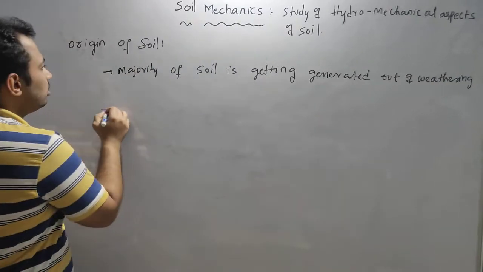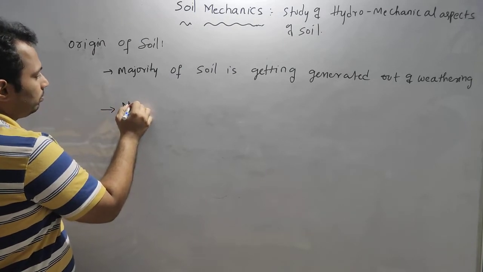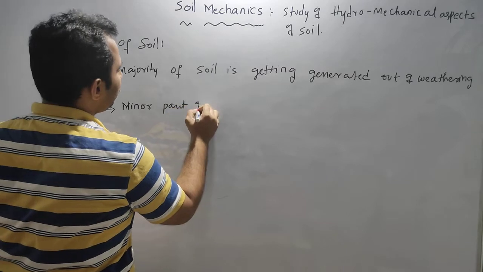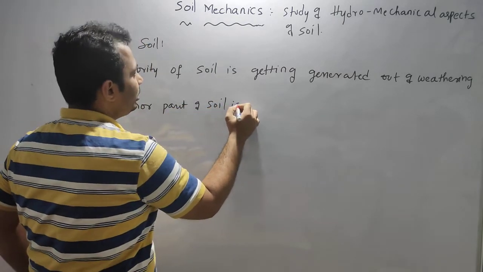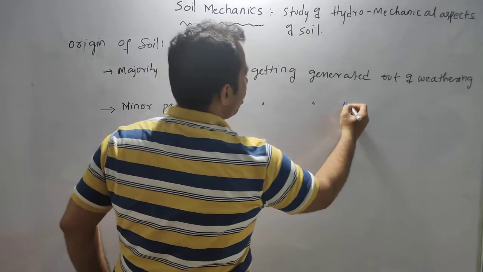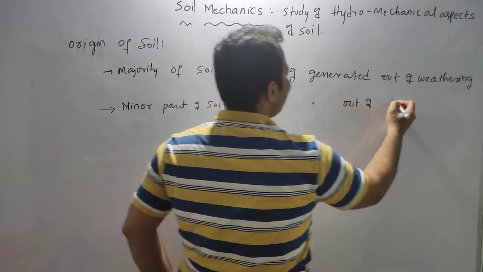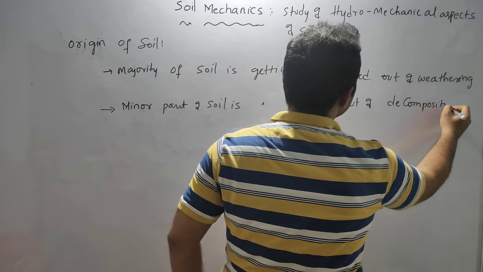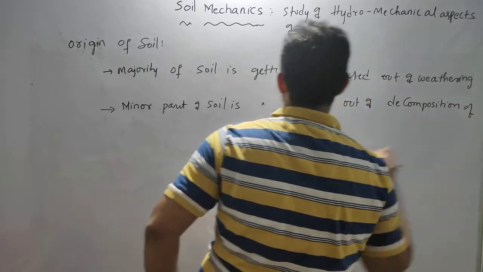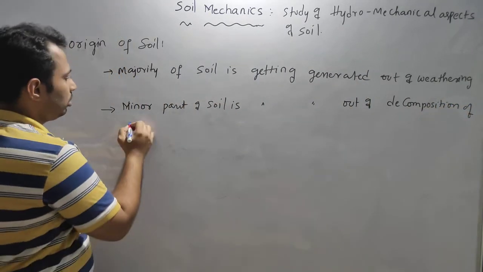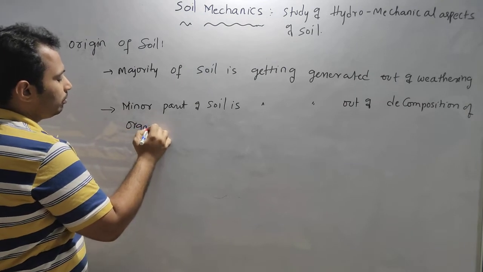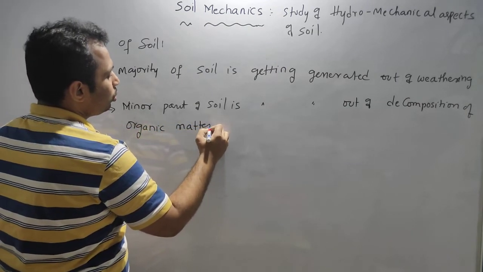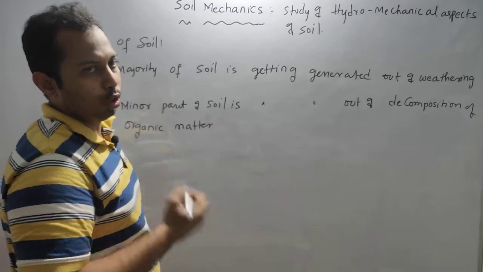And a minor part of soil is getting generated out of decomposition of organic matter. We call these soils cumulose soils.